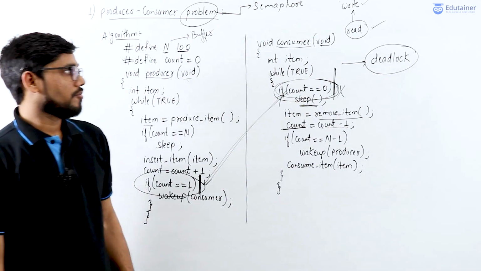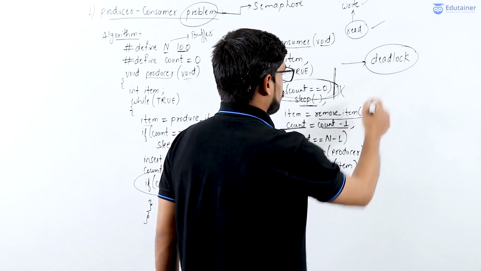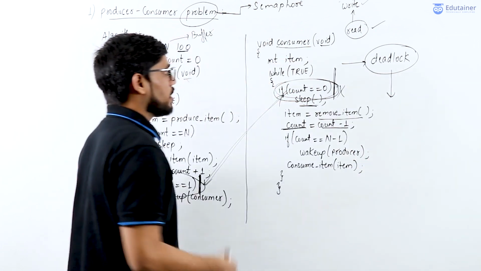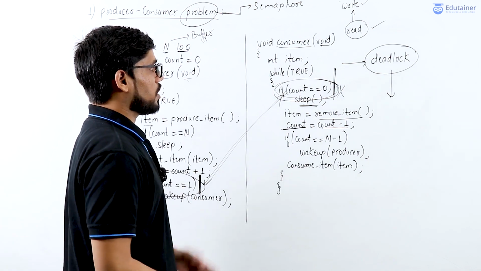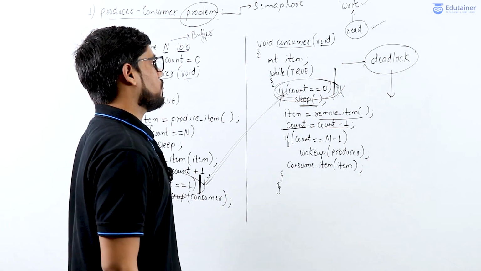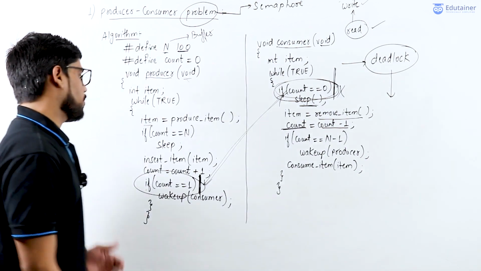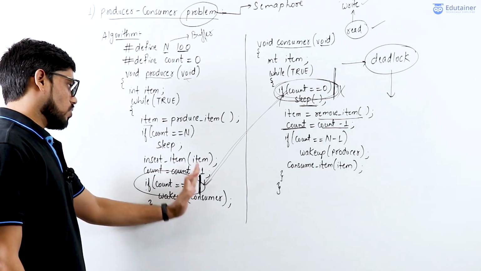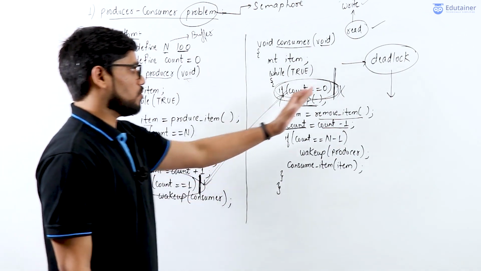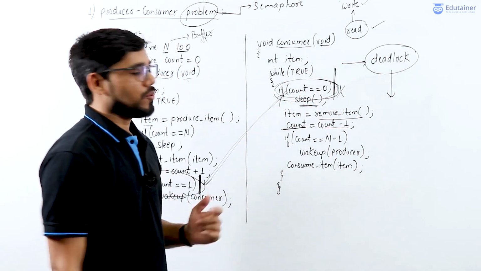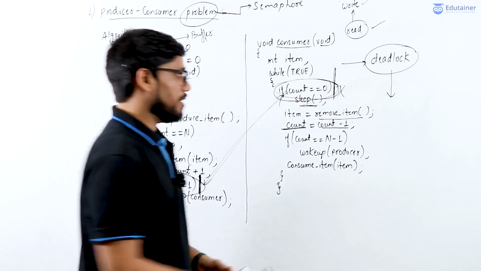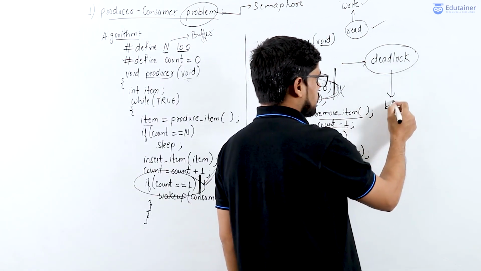And we are providing a solution so that no deadlock will occur in the producer and consumer problem. So how are we going to provide a solution? If any producer is halted at that place, or any consumer is halted at that place, then we use a particular variable mechanism or technique, a bit, which is called a semaphore.